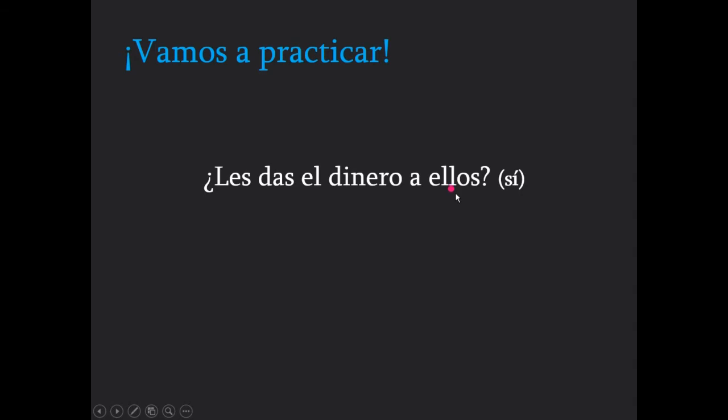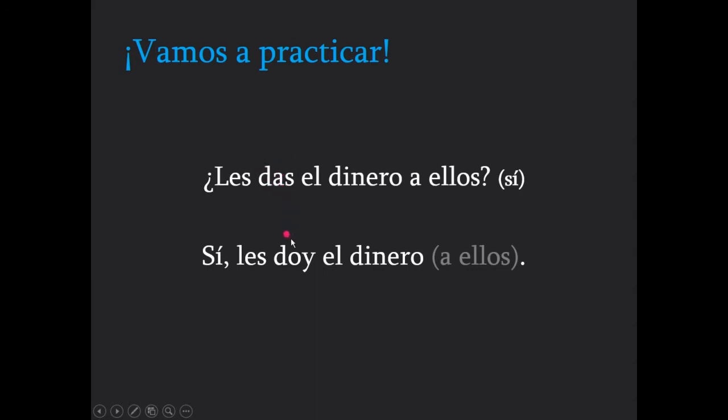So we want to answer now. Are you giving the money to them? And notice you're asking, it's like asking your friend, are you giving the money to them? And the answer, sí, les doy el dinero. Yes, I am giving them the money. Now I want to clarify something here that often people, when they're learning this, don't think about. Because the question says, are you giving the money?